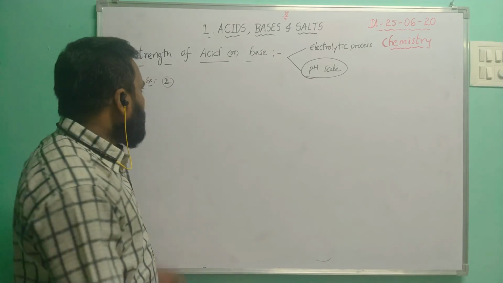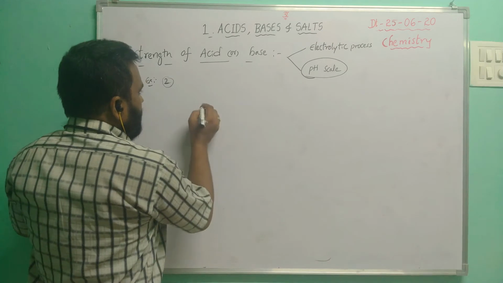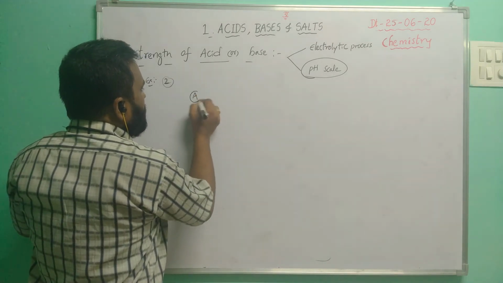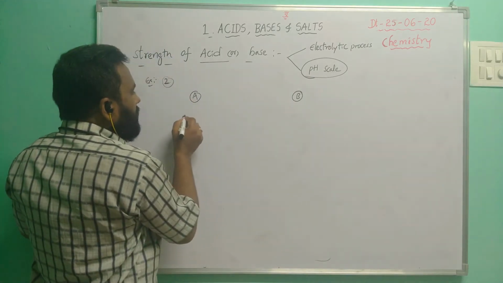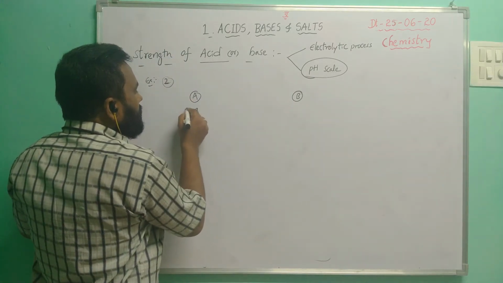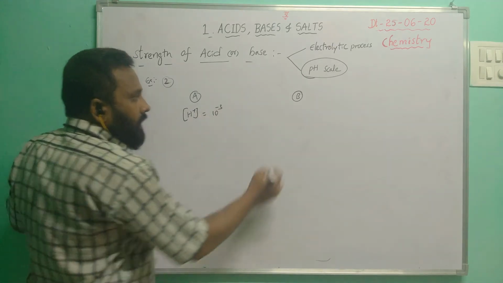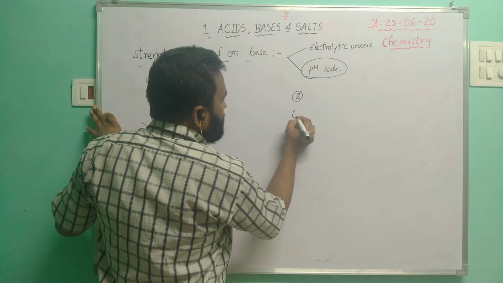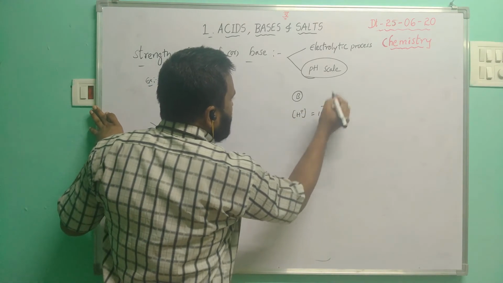Another example, the second example: two samples are given. This is the A sample, this is the B sample. A sample H plus ion concentration equals 10 to the power of minus 3 and B sample H plus ion concentration equals 10 to the power of minus 11.